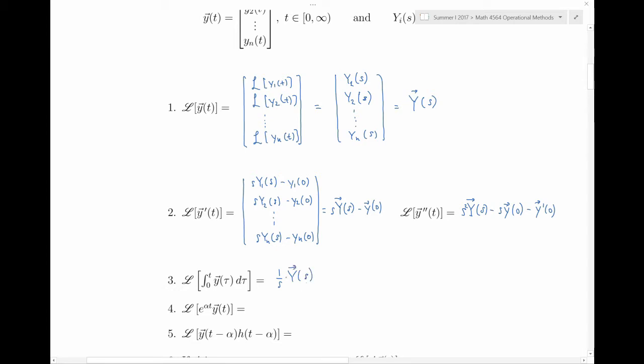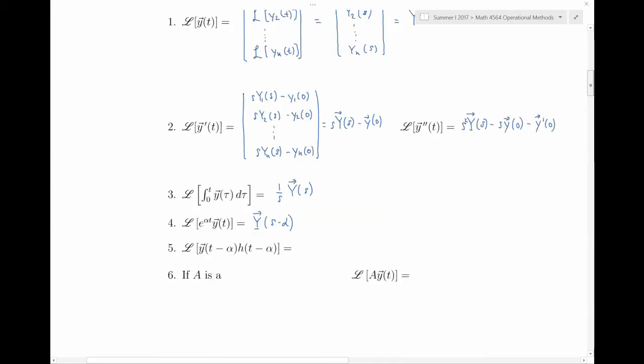As a vector of Laplace transforms, multiplying by exponential factor. And I want to point out it's the same exponential factor for each one of the components of y. Doing so will result in overall shift of the Laplace transform.